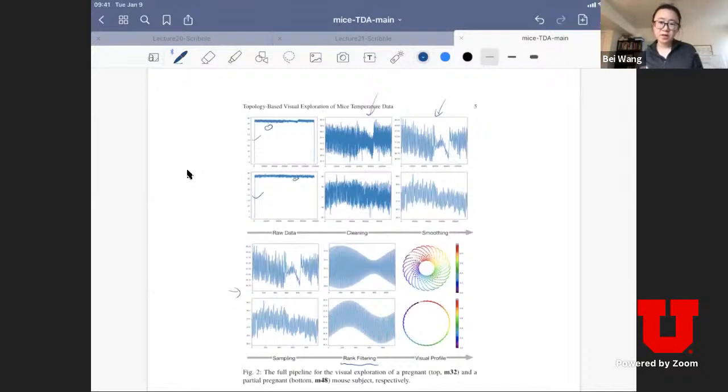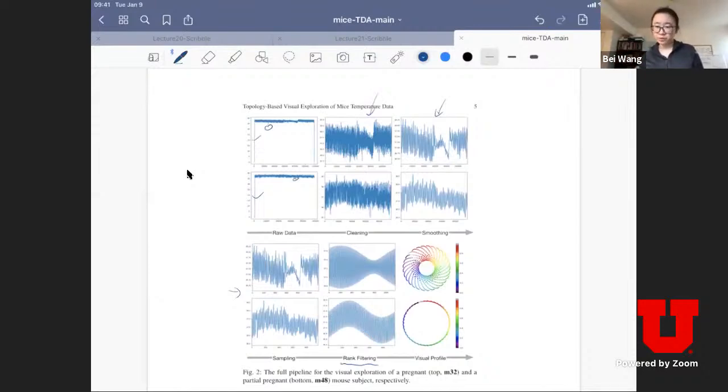Rank filtering is a tool that, in this particular case, preserves the dominant frequency of my signal. There are a lot of filters used in signal processing, and it's interesting to experiment with TDA using different signal processing tools.